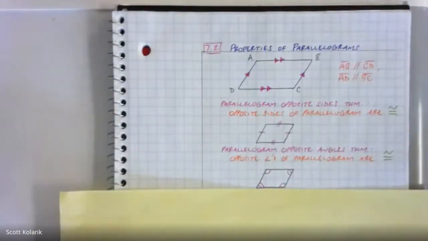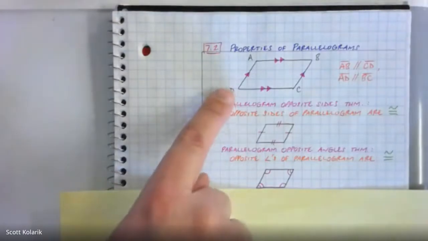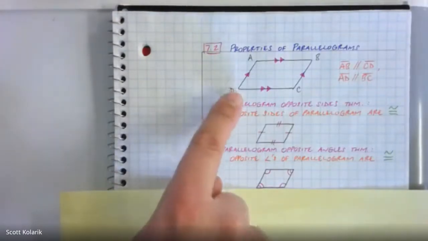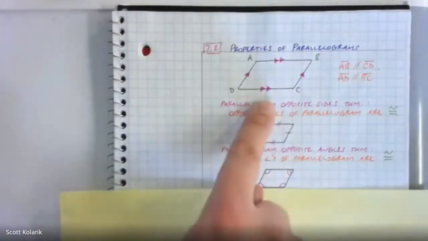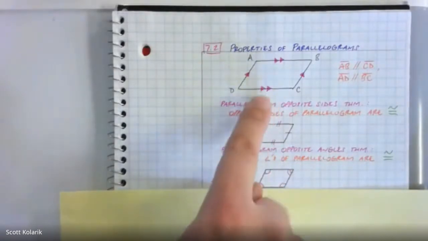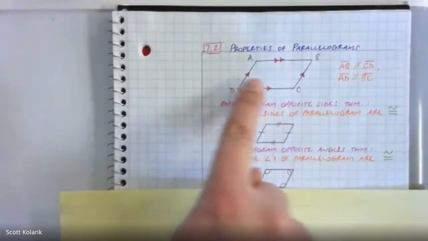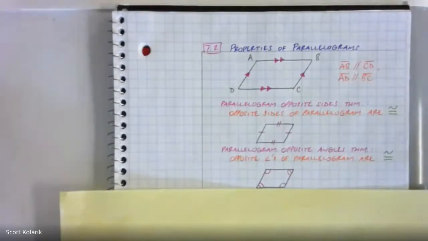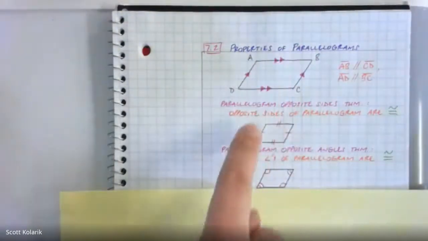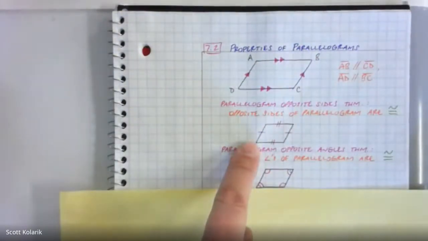And that's important because if the opposite sides of a quadrilateral are not congruent, that means it cannot possibly be a parallelogram. Okay, so it goes both ways. It's kind of like flip sides of the same coin. Whether you begin with a shape like this, which is the type of diagram you'll see most often in this section, where you begin with the fact that you're dealing with a parallelogram with these red arrows. If you start with the parallelogram, that implies that opposite sides are congruent.